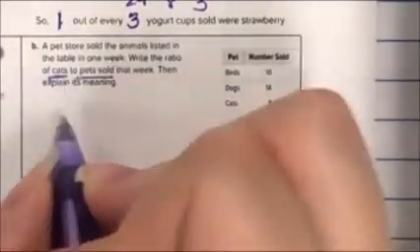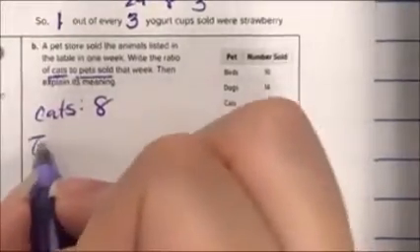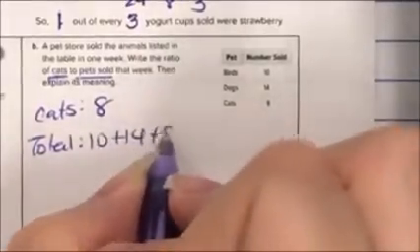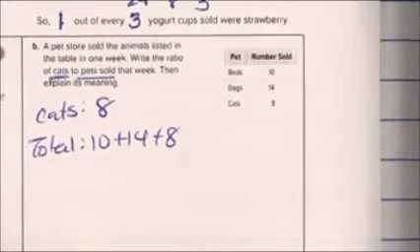There were 8 cats, and then the total was 10 plus 14 plus 8. 10 plus 14 gives me 24, plus 8 gives me 32.